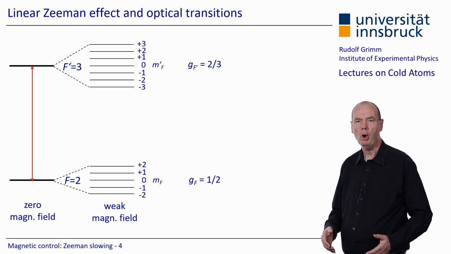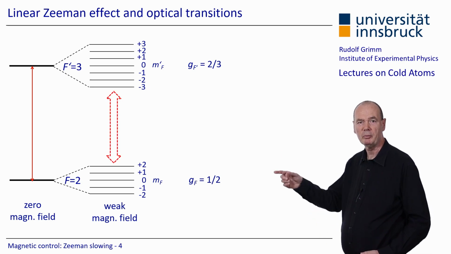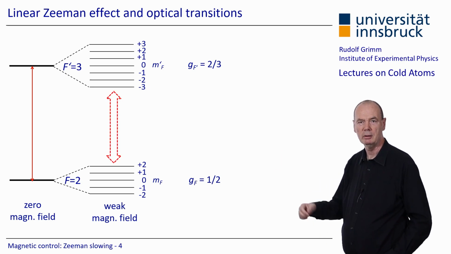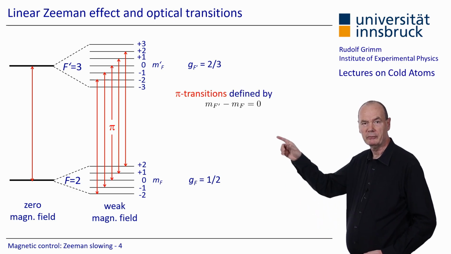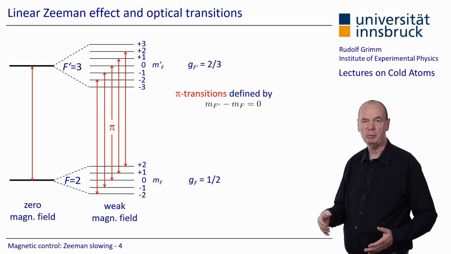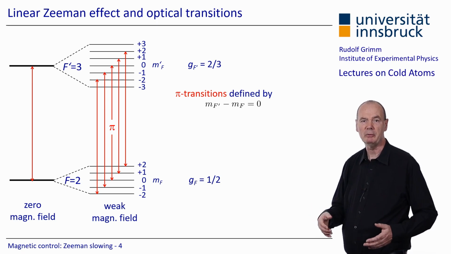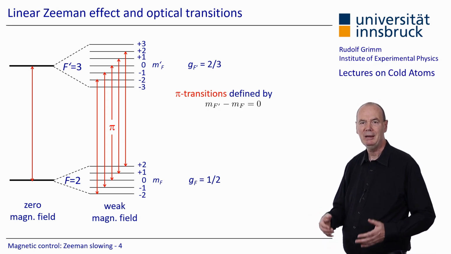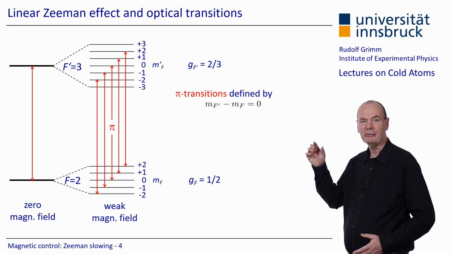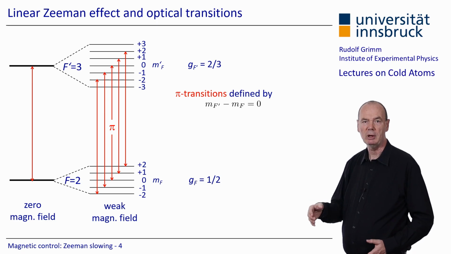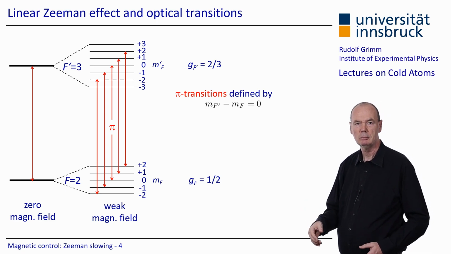Let us now consider optical transitions between the Zeeman split ground state and excited state. Here we see so-called pi transitions. These are the transitions between states with the same value of the magnetic quantum number m. Here, the absorption or the emission of a photon does not change the orientation of the total angular momentum of the atom.